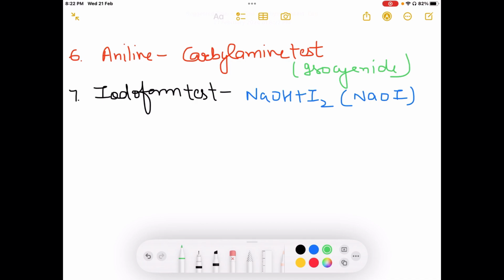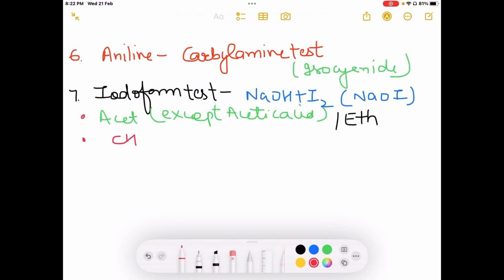Any compound which is having acid except acetic acid, or eth in its name, gives the iodoform test. Another important point regarding the iodoform test: basically this test we do for a methyl ketone.